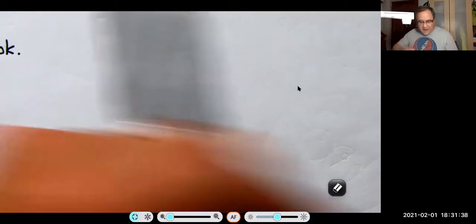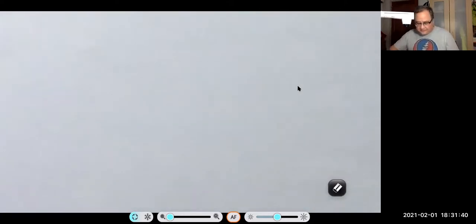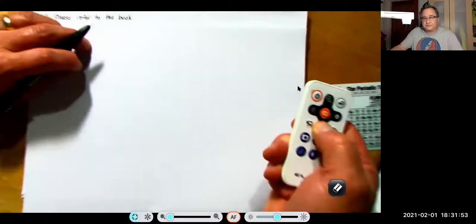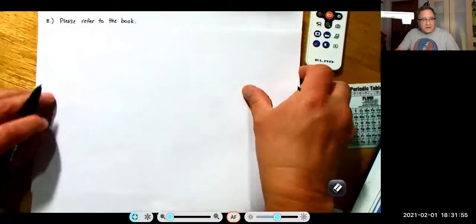So I'm going to give you a little background to number 8. And the background is subatomic particles. I'm going to have to change my zoom here, find my remote. Okay, so a little bit of background for number 8.